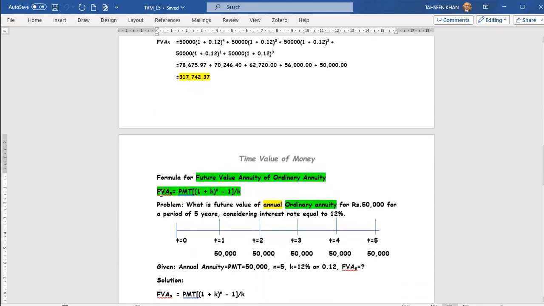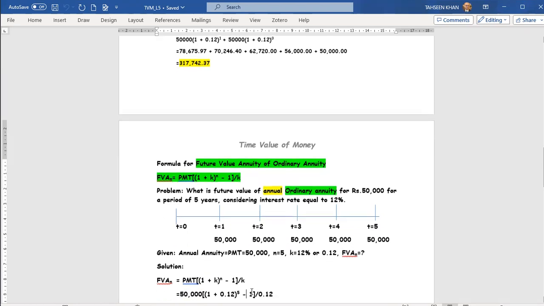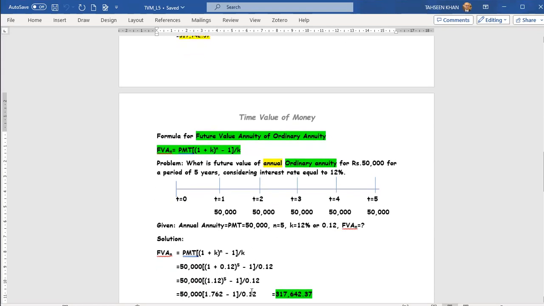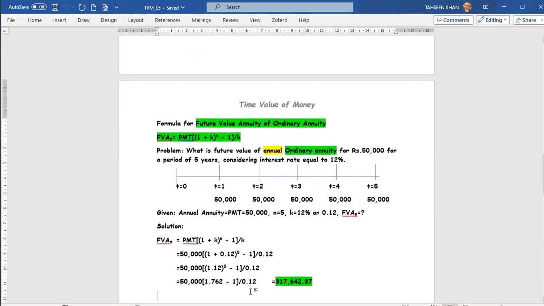That is FVAn equal to PMT times (1 plus K) power n minus 1, divided by K. What's given in the question: annual annuity, that is PMT, equal to 50,000, n is equal to 5, and K is equal to 12%.